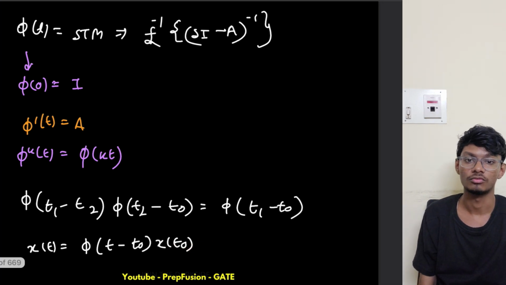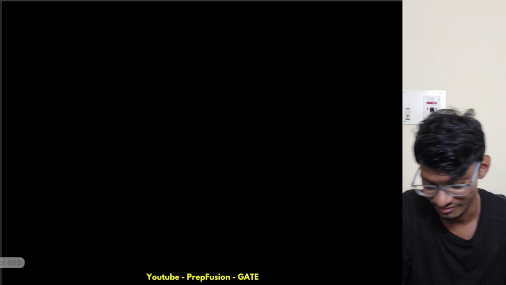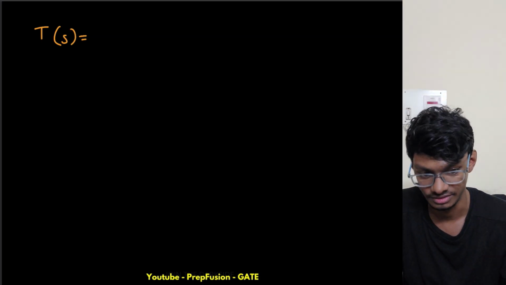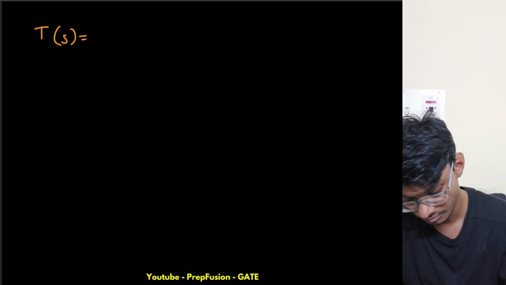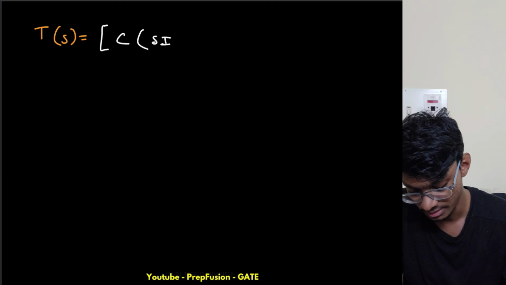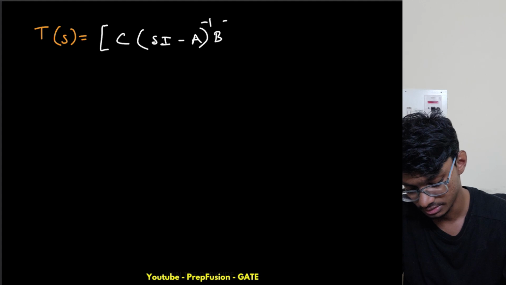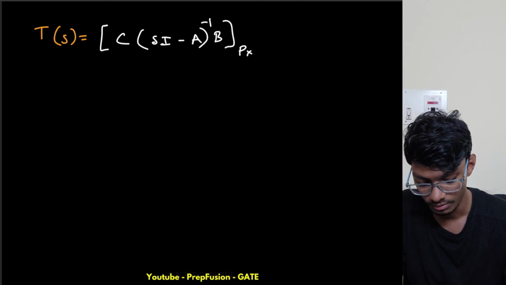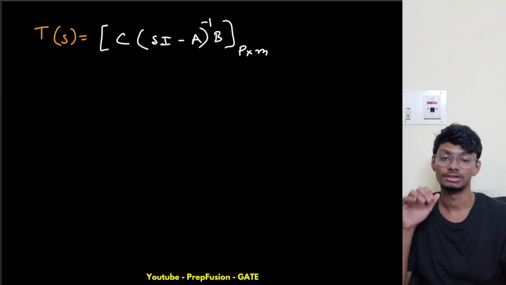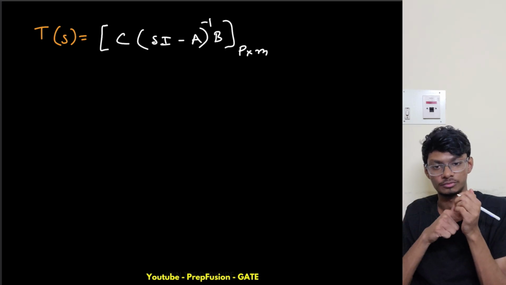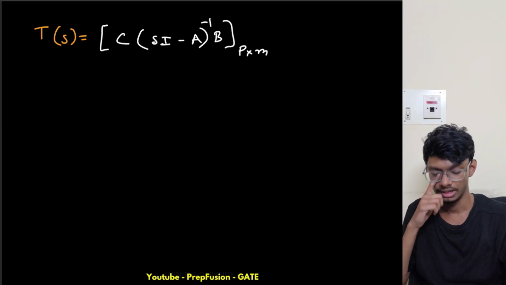Now again the most important formula. What is it? It is the transfer function. So what is my transfer function? It is basically C into (sI minus A) inverse into B, and this is P cross M. The order of the transfer function depends on the number of outputs and the number of inputs, that's why it is P cross M. And is there anything else?